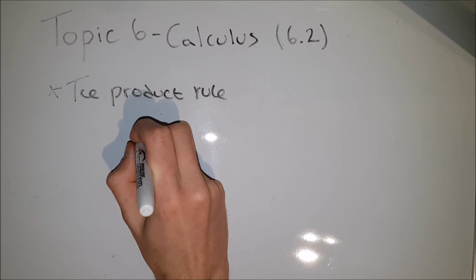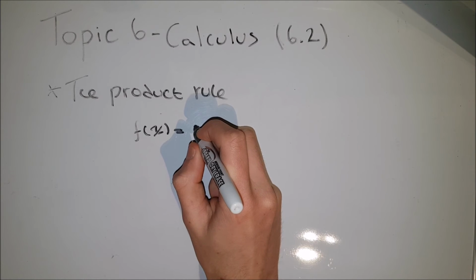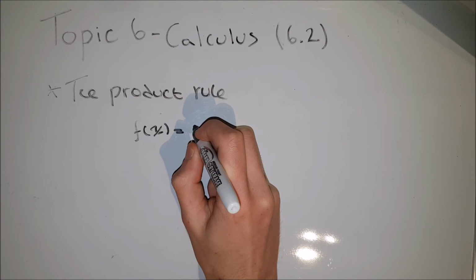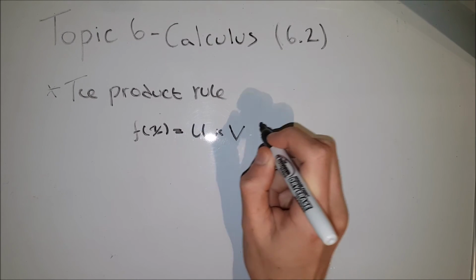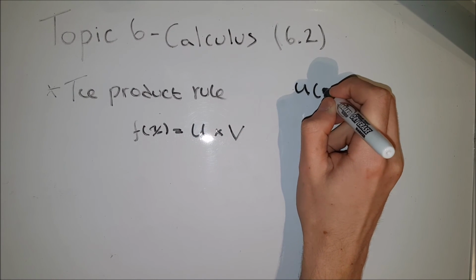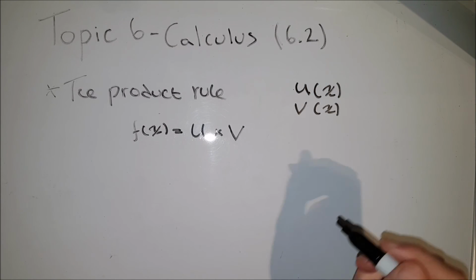So if you have f of x is equal to, let's say, u times v, where each of them is a function, right? They're both functions.